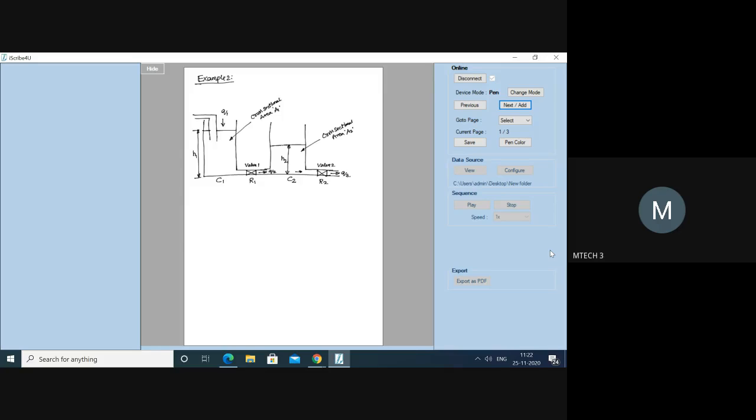Relationships can be derived which describe how the height of the liquid in the container changes with time.